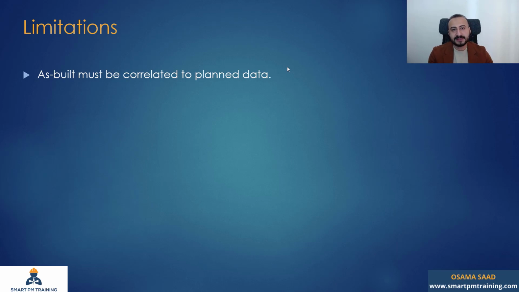There is no as-built. The as-built is not documented or recorded. You cannot use this method, or it will be a limitation, because if you have this issue in some major activities on the baseline critical path, then it will not be possible to perform the analysis, because the as-built must be correlated with the planned data. So you can make a straightforward comparison.